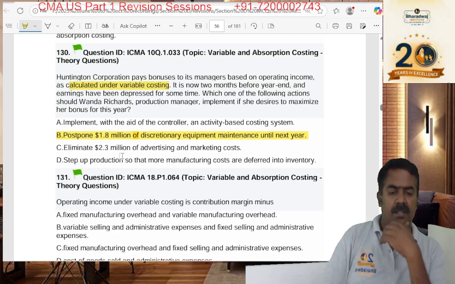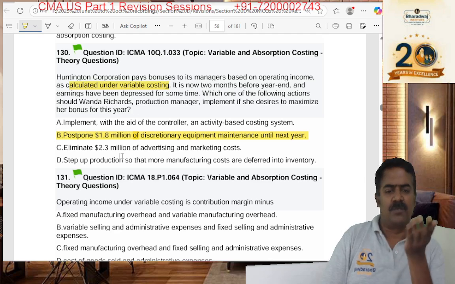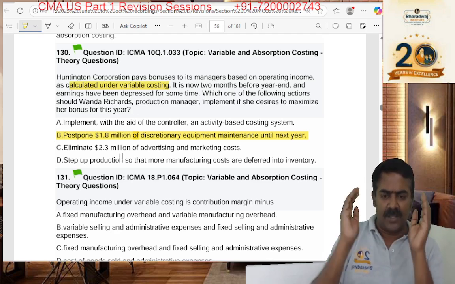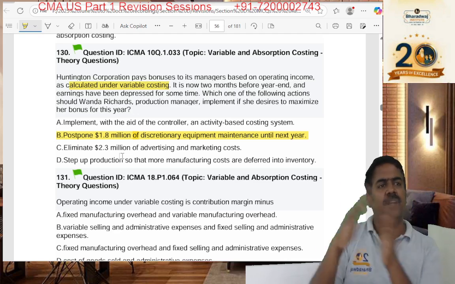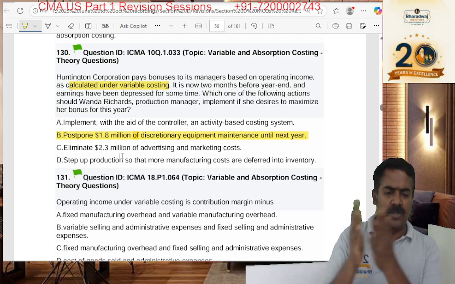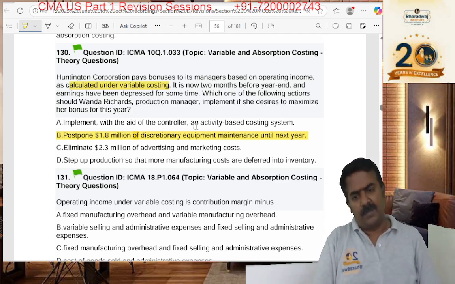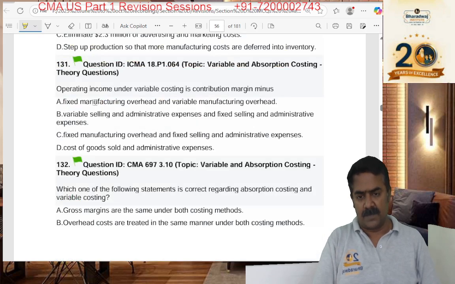Discretionary repairs and maintenance you can postpone so that variable cost will come down. Contribution will be more, so you will get more bonus. At your discretion, you can spend it later, so that it is eliminated from product cost and there is more contribution.